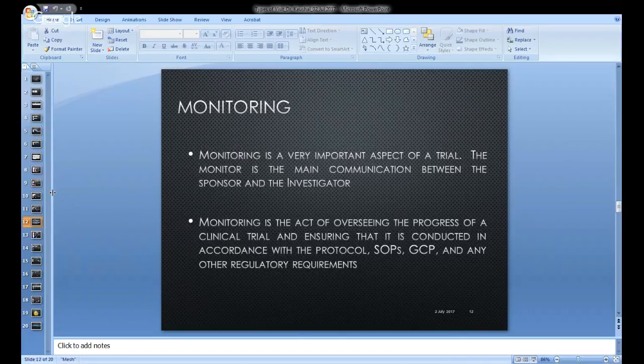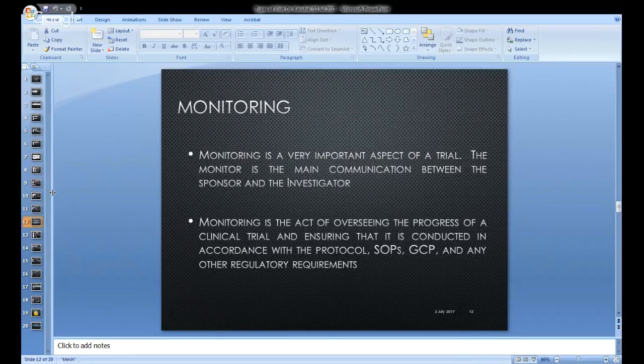Monitoring is a very important aspect of a trial. The monitor is the main communication between the sponsor and an investigator, as the monitor is somebody who is assigned by the sponsor, and he or she is a person who would be visiting the site, meeting an investigator in person, discussing the things.